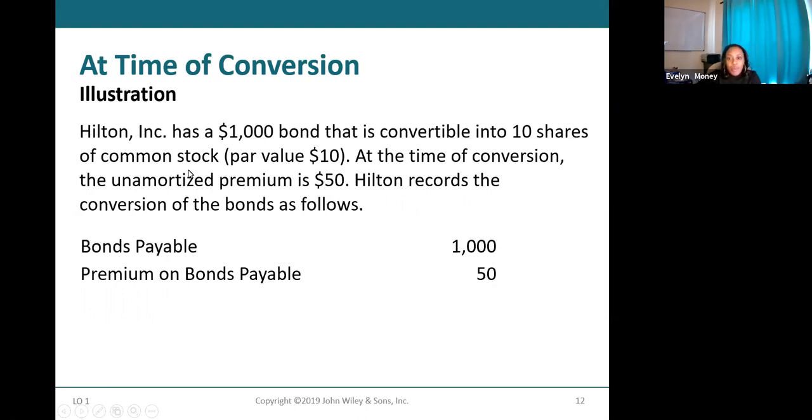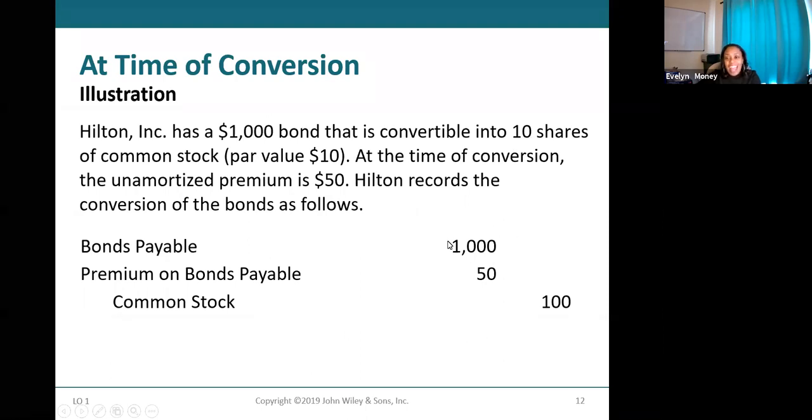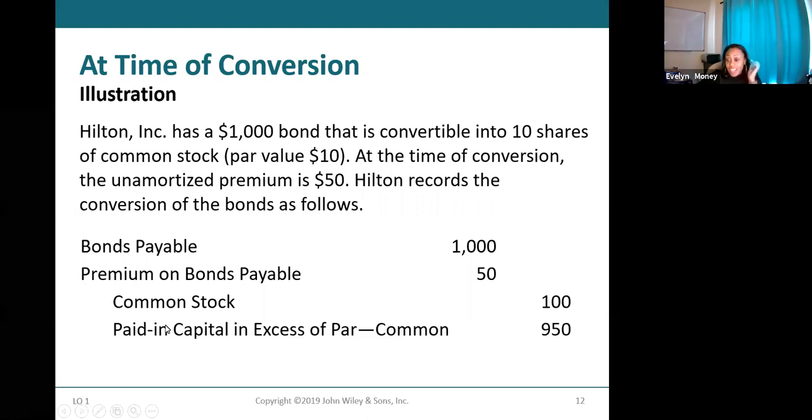And now let's deal with putting the stock on. Common stock is still always valued at par. This bond is convertible into 10 shares, so 10 shares times the $10 par value is what I will credit common stock for. Now, because common stock is always valued at par, and the book value of these bonds is more than par, I have to use my old faithful account, paid-in capital in excess of par, for the difference.